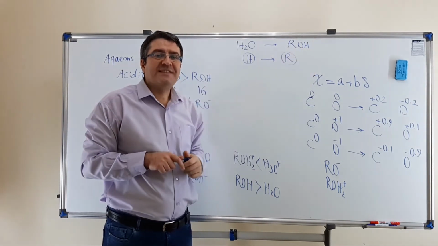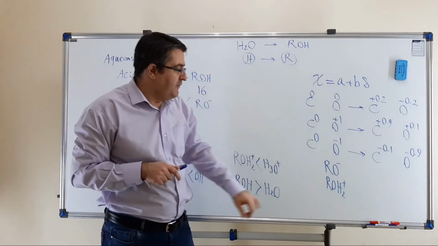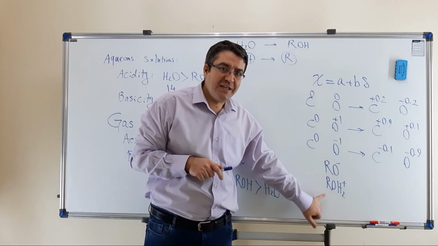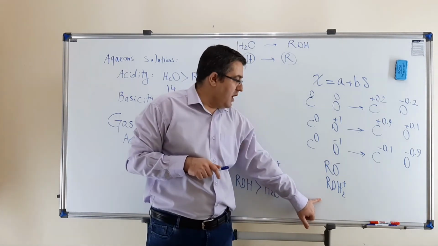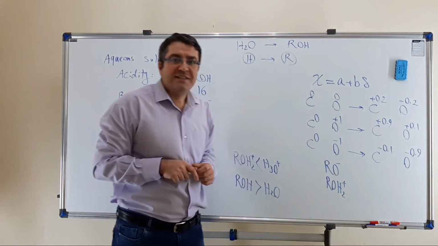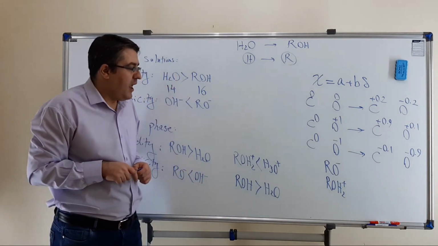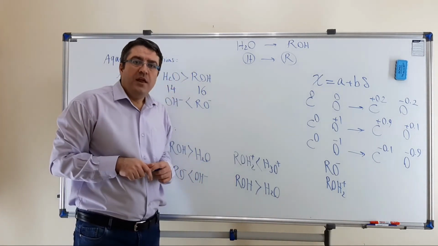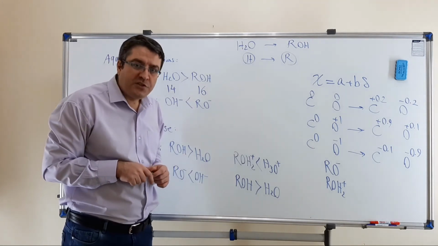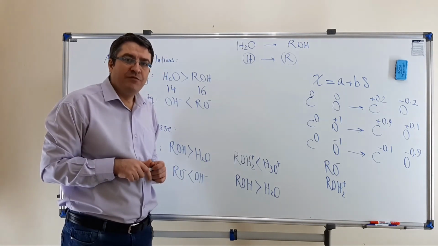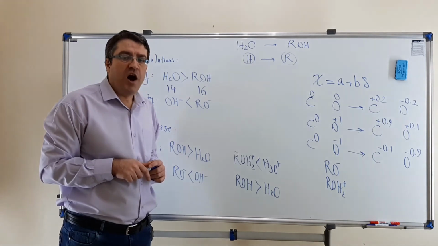Water can form stronger hydrogen bonds with ionic species because the ionic charge strengthens the hydrogen bond. Therefore, in aqueous solution, solvation effects work in favor of ionic species.